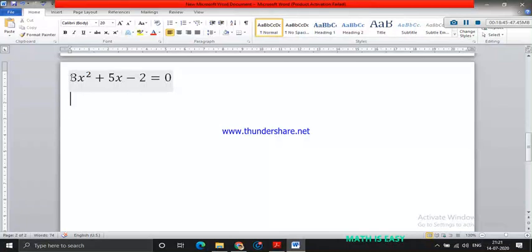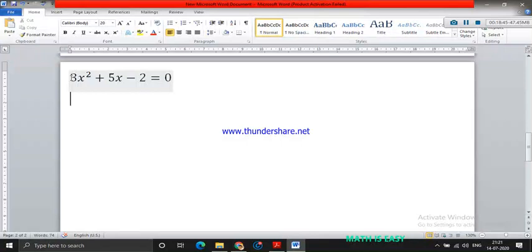So 2 plus 1 upon 3. If I go for the LCM, LCM is going to be 3. Then I'll get 2 times 3, just 6, plus 1. Am I right? So next step it is going to be 7 upon 3. So alpha plus beta value, I got it as 7 upon 3.